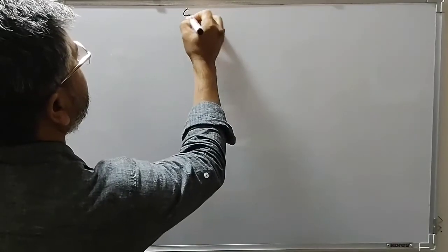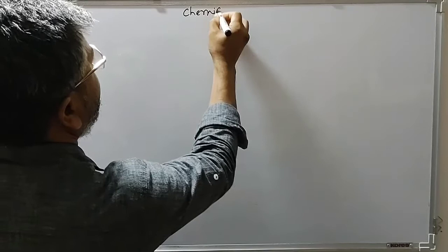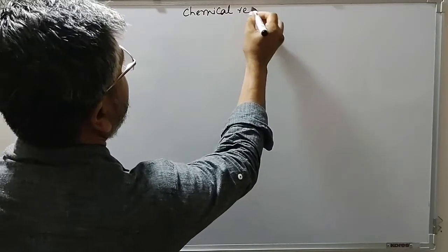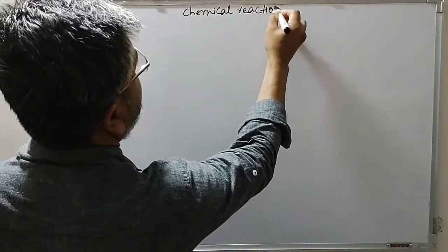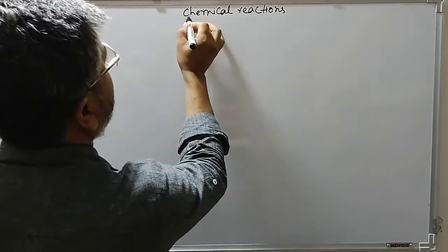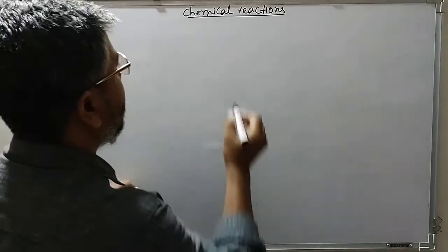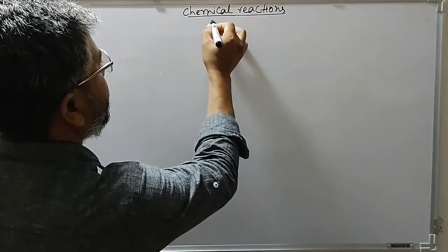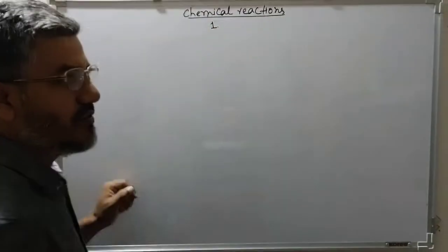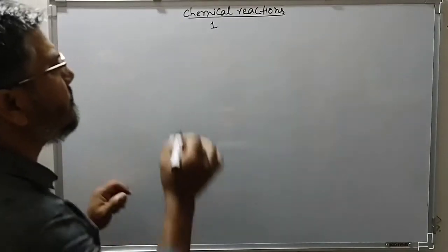So coming to the chemical reactions of halogens. First, let's take the reaction with water.